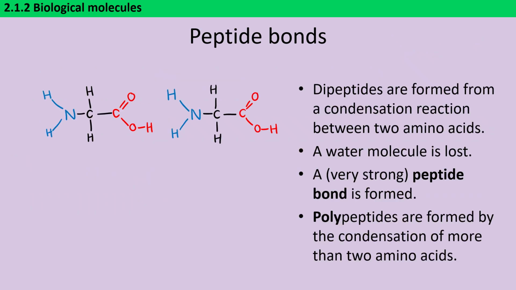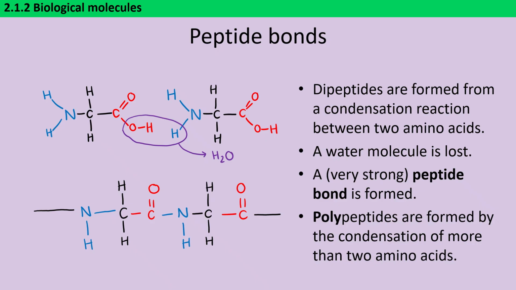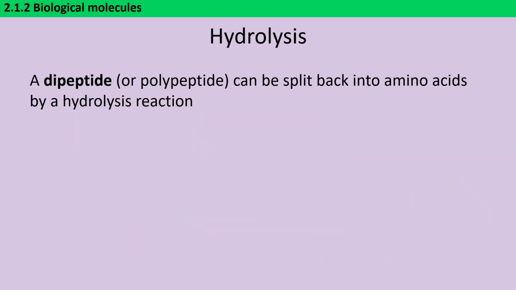A slightly larger molecule called a dipeptide can be made when 2 amino acids join together. This is another example of a condensation reaction, and a water molecule is lost. The bond that forms between these is called a peptide bond. When we start to join together more than 2 amino acids, rather than making a dipeptide, we can make a polypeptide.